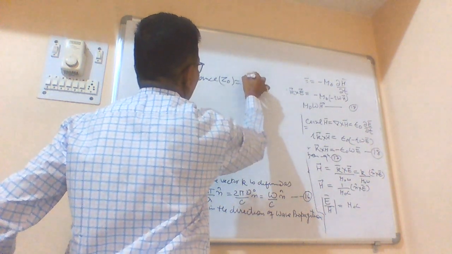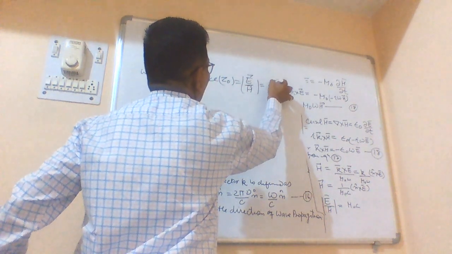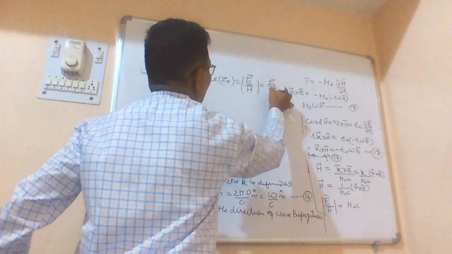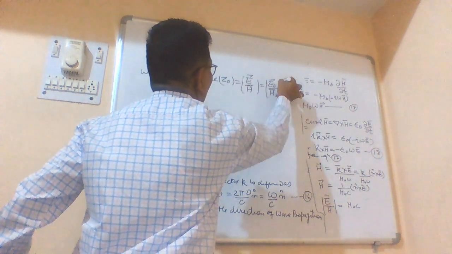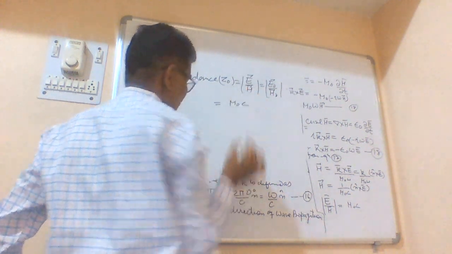E by H is equal to E naught by H naught, and this is equal to mu naught c.